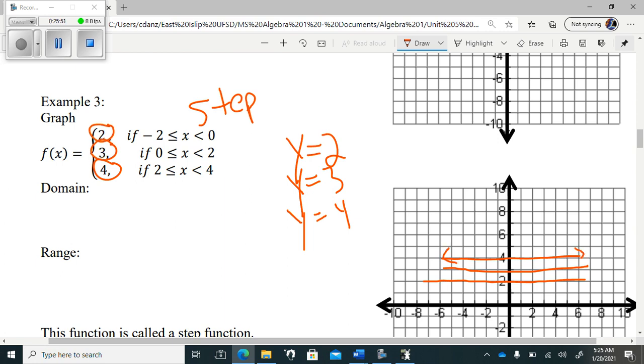It's just that it's not a whole line. Remember, these are pieces. So it does relate to y equals 2, y equals 3, and y equals 4, but we don't put the arrows. There's going to be some open circle, closed circles. It only exists at certain spots. So let's see. The first piece is a horizontal line at where y equals 2, but it's not the whole line.